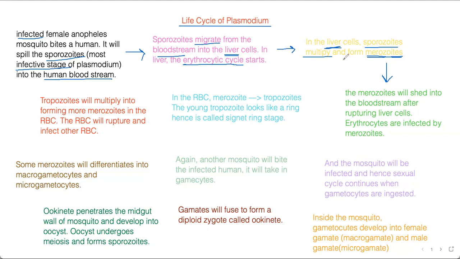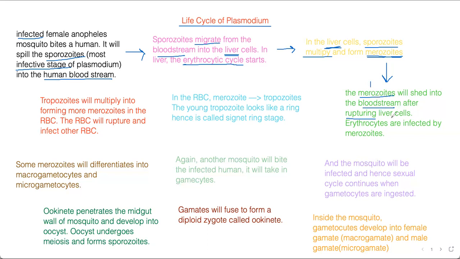When it kills the liver cell, the cell will rupture and let the merozoites shed into the bloodstream. Okay, this is the first time the merozoites are shed into the bloodstream.